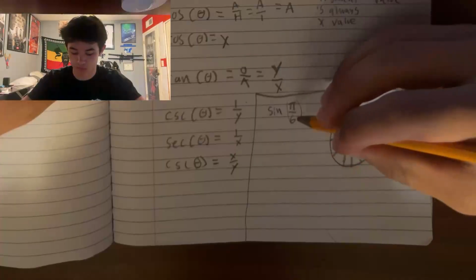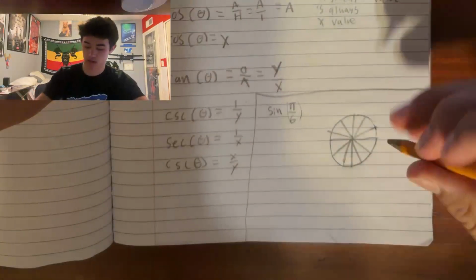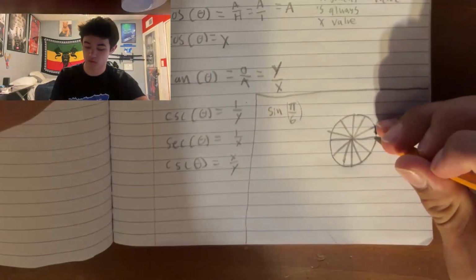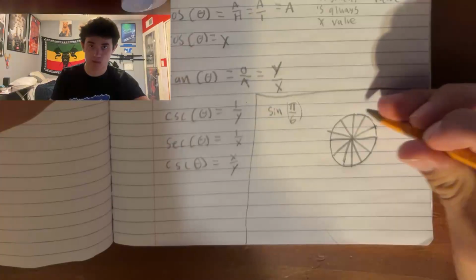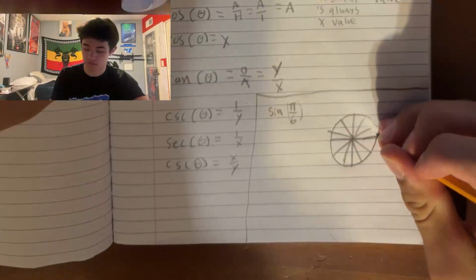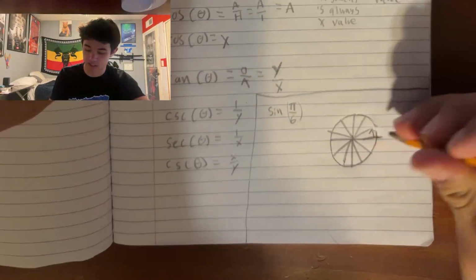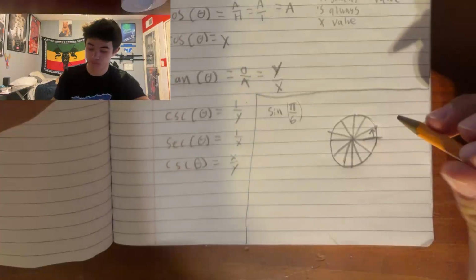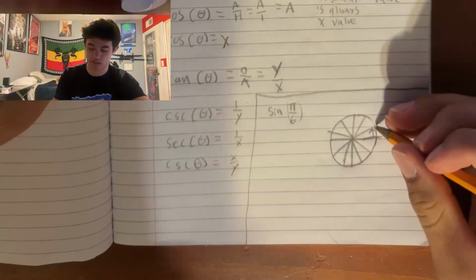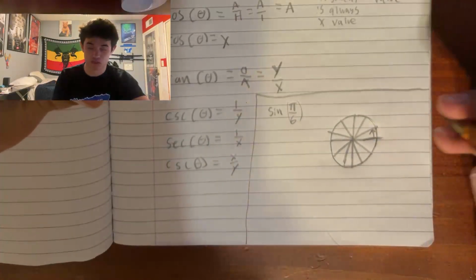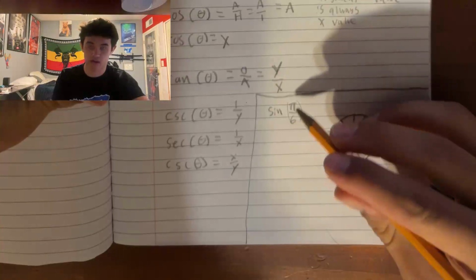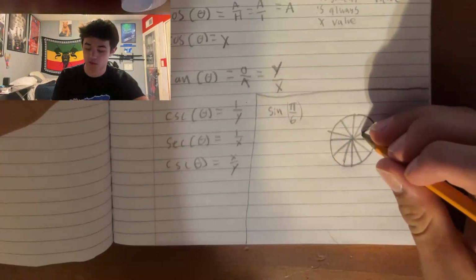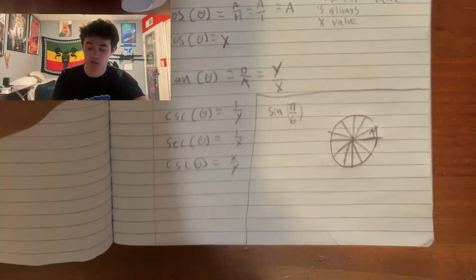So we're moving 1 pi over 6. The way we do it, we start from right here and go up when we're going positive. So we're going to move up 1 pi over 6 and we get to here. Since pi over 6 is a 30-degree angle, we're going to be using a 30, 60, 90 triangle.